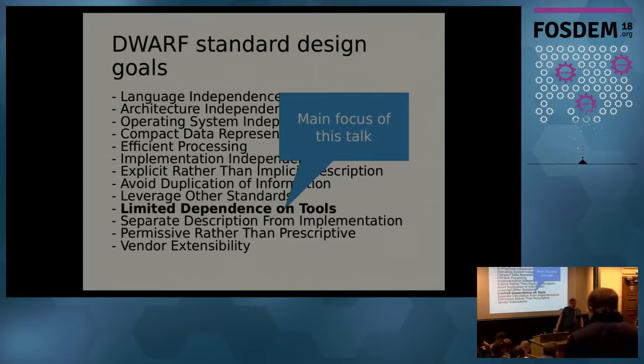This is one of the design goals that I picked out, because I had to pick something to talk about, and when I started to list everything that DWARF5 got from the various GNU extensions, it was way too many.